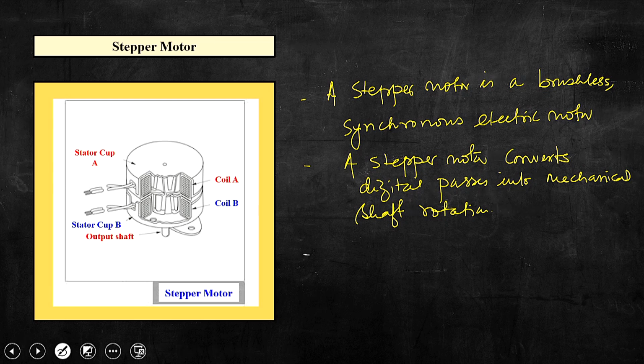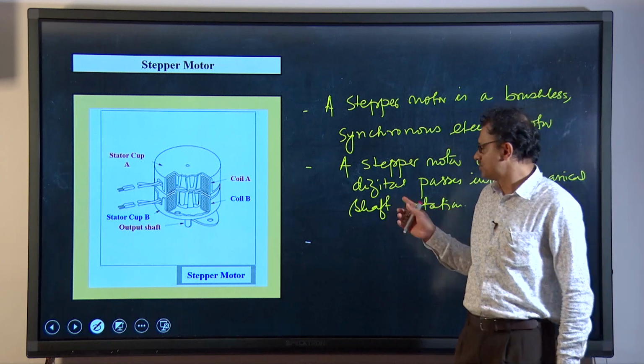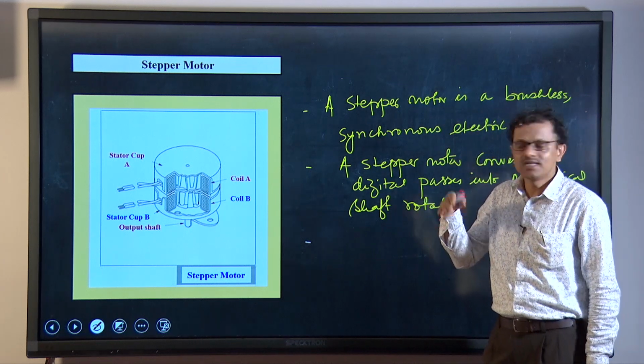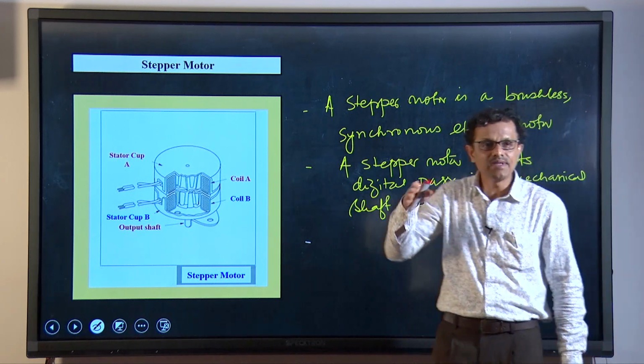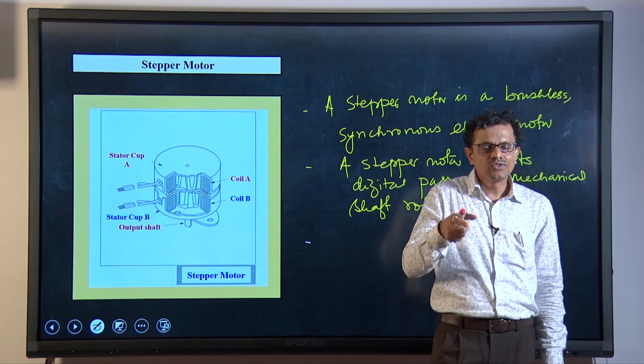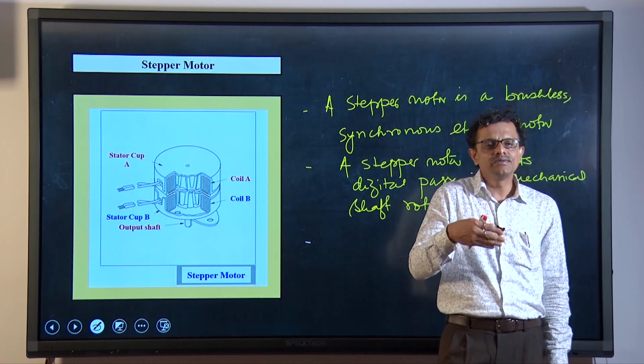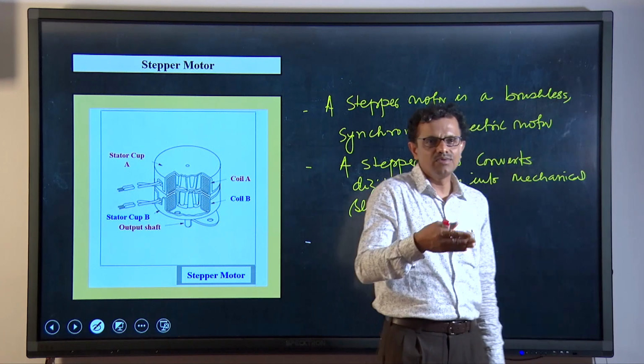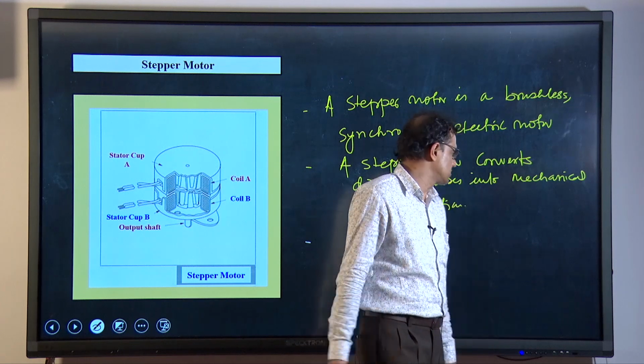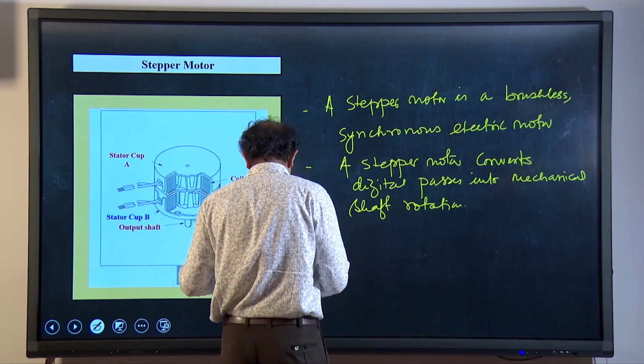Okay. So, essentially a stepper motor is a brushless synchronous electric motor. If we give some input, that is a digital pulse, then this stepper motor will have mechanical rotation. So, if there is a rotation, there will be revolutions: 1 revolution, 2 revolutions, 3 revolutions, like this.